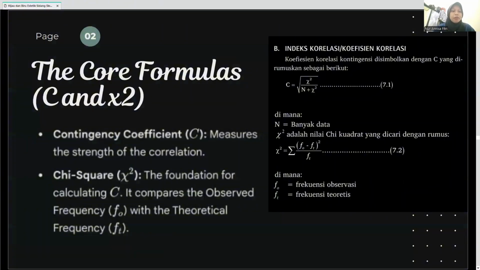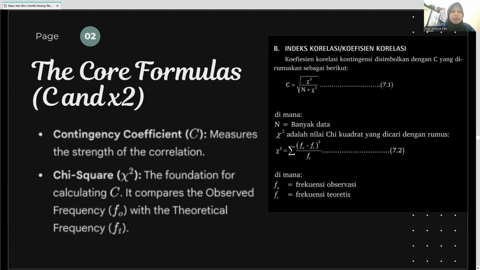Okay, the core formulas. To find the correlation value, we use the C-index formula. As you can see on the screen, C equals the square root of chi-squared divided by N plus chi-squared. It might look a bit complicated, but the main key here is the chi-squared value.